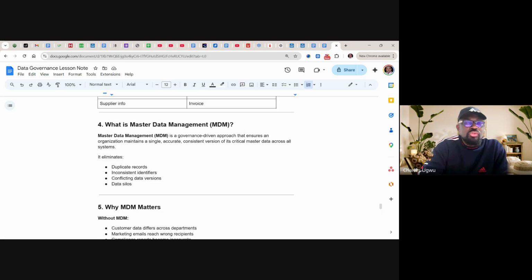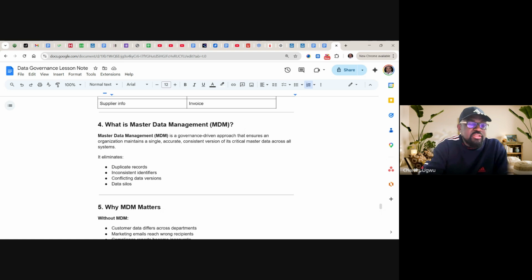When you want to log in, you can't, because your data is no longer in the database. It becomes a big problem for us. So when we have good master data management, it eliminates duplicate records. Data duplication is one attribute of poor data.